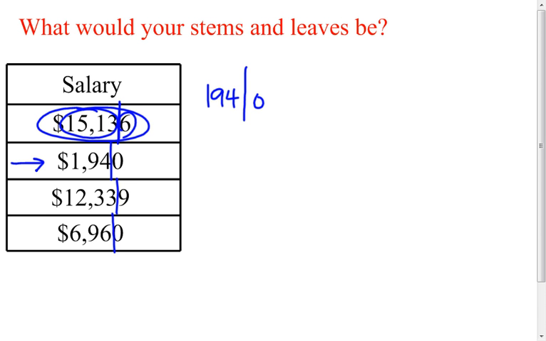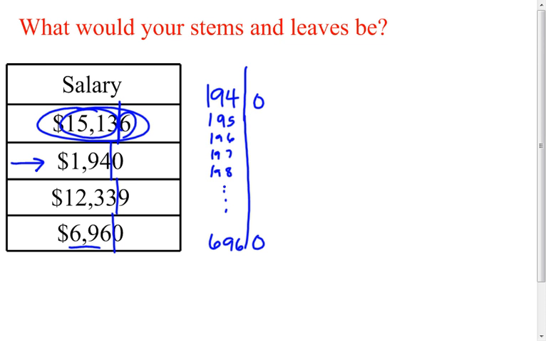Then I would have to go like this. You cannot skip any numbers in stem and leaf plots. So I would have to go 195, 196, 197, 198, like this, all the way down until I get to the next leaf. Can't skip a number until I get down to 696, and then again my leaf would be 0.